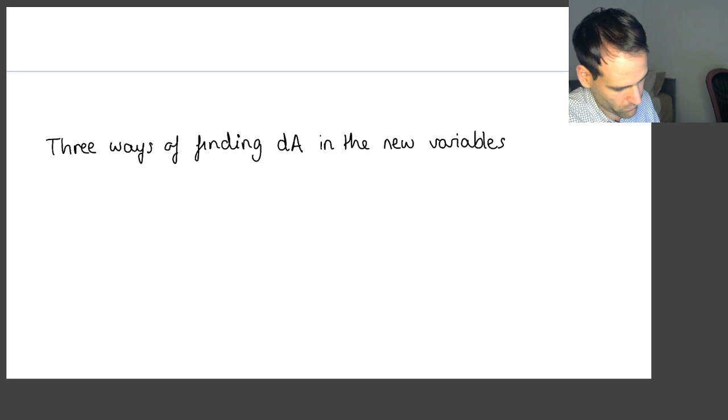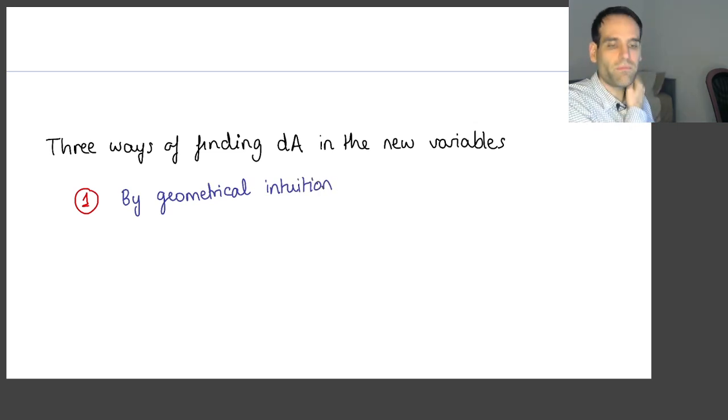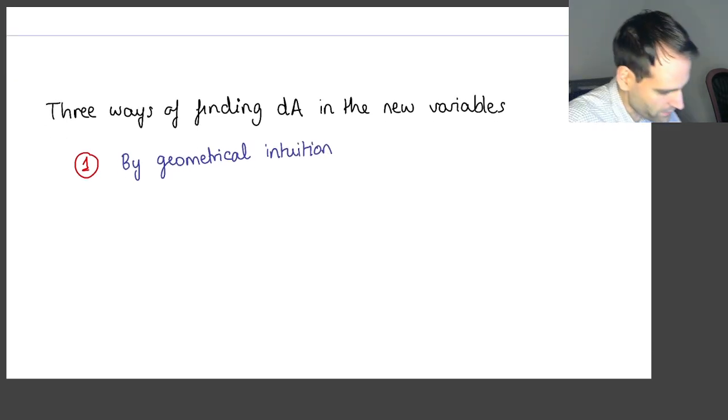The first way is going to be by geometrical intuition. So this means that you literally draw the grid.